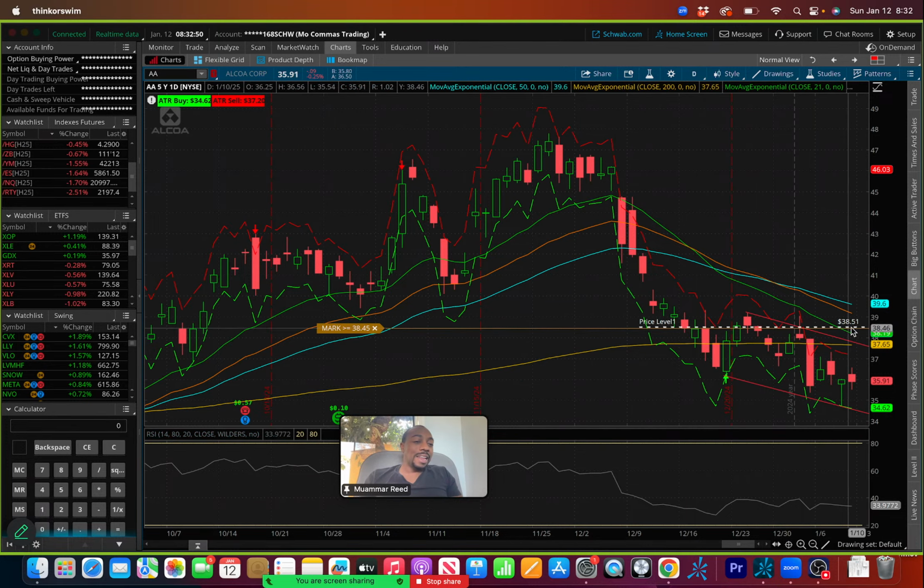I've already kind of identified the level that I want to short this at, which is 38.51, because I've looked at the volume here and there's a lot of volume here as well, which means there are probably a lot of sellers camped out right at this mark. So I'm looking for a pop up to this level or close to it, and then I want to buy puts or sell calls on Alcoa potentially next week if we have a big green candle up here, because it's in a negative sector that's been trending lower, and I want to keep beating up on the weak name.